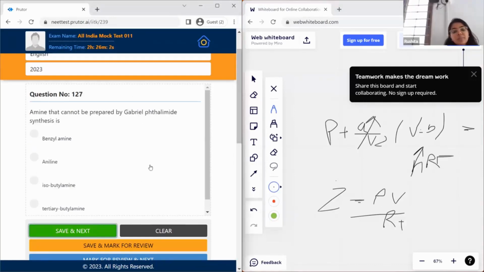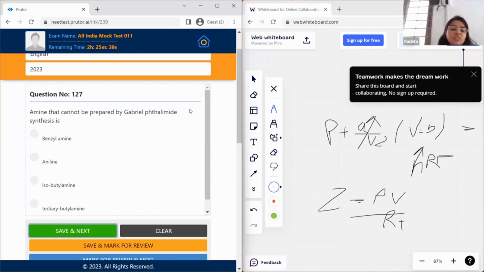Amines that cannot be prepared by Gabriel phthalimide synthesis. Any structures which have aryl groups cannot be prepared by this method, because the ring structures are destabilized by the Gabriel phthalimide method.